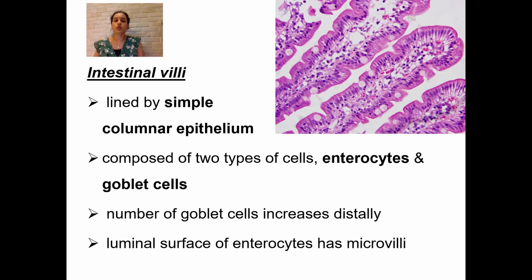Intestinal villi are lined by simple columnar epithelium. As I mentioned earlier, they have enterocytes which are absorptive in nature and goblet cells which secrete mucus. As I told earlier, the number of goblet cells increases as the intestine goes distally, so you'll be seeing more goblet cells in the ileum.